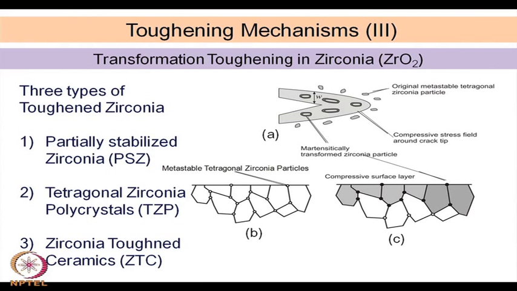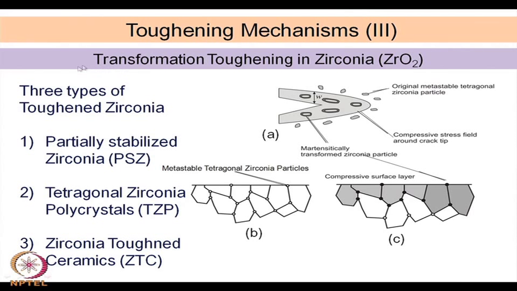So, the second phase in that alumina or magnesia matrix is basically a metastable tetragonal phase, and whenever a crack is trying to propagate to that phase, again transformation toughening can take place. The matrix is not zirconia, but some other ceramic, where zirconia is used as a toughening phase. Okay. So, that is called zirconia toughened ceramics.